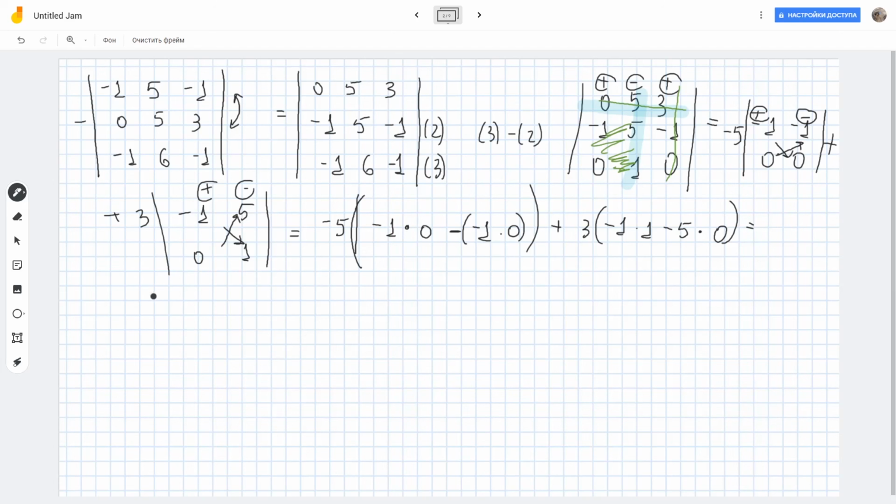And that's basically the last step. So in this case we have 0 in these brackets, and here we will have -1, and our final answer will be -3.